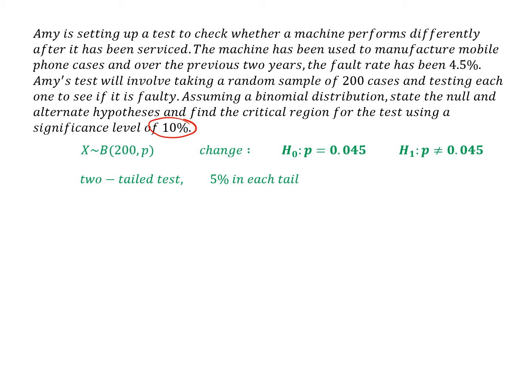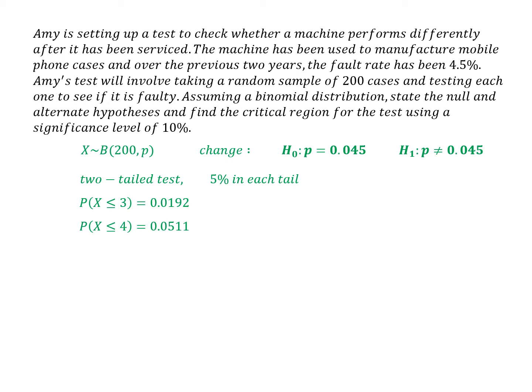in each tail. So looking at the lower end of the tail, I was using my calculator, which only gives me the probability that X is less than or equal to a number. So I used the list facility rather than variable, and I fiddled about and got these numbers.